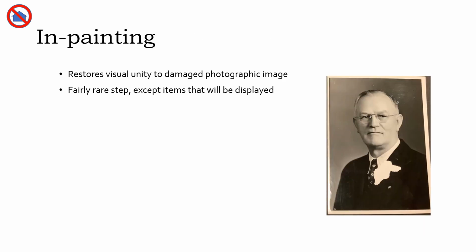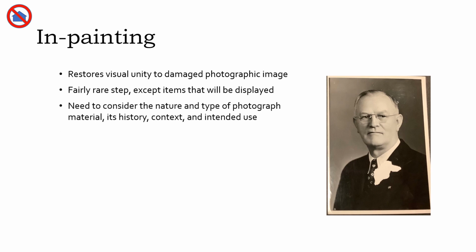Inpainting is a set of techniques used to restore visual unity to images with missing areas. Because of the ethical considerations, inpainting photographic materials is fairly rare, may be considered more a form of restoration than conservation, and is usually done only for images where display of the original image and good aesthetics are desired.